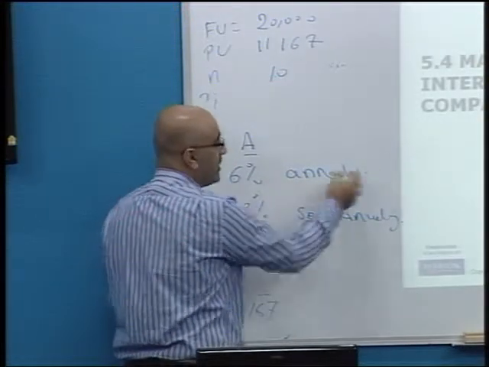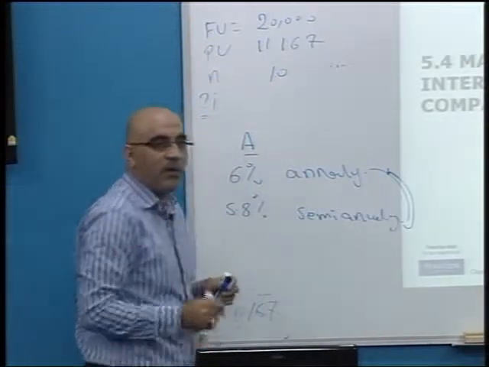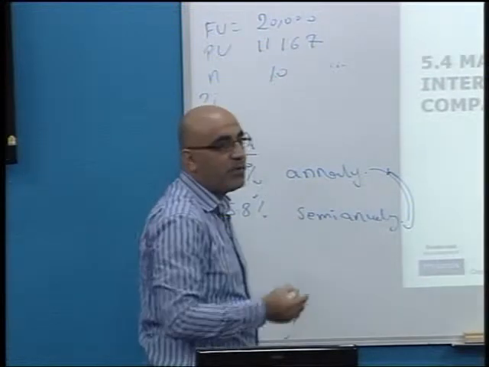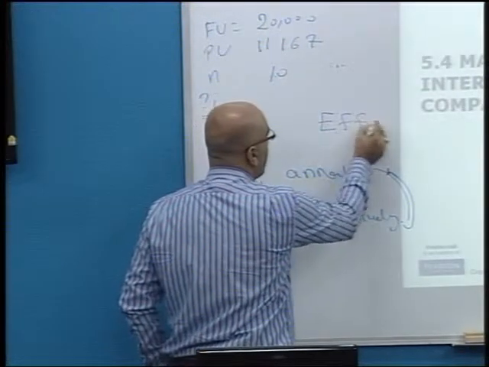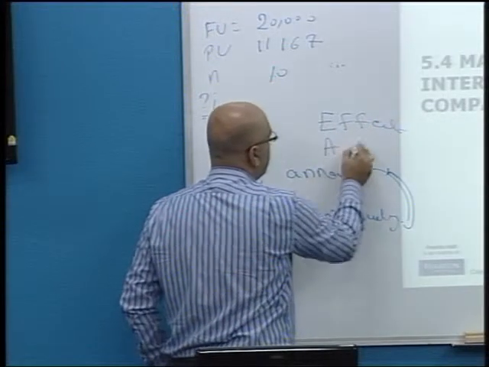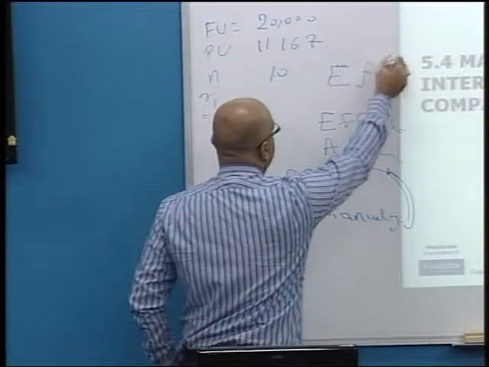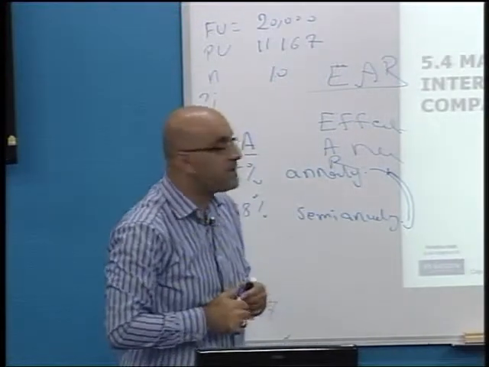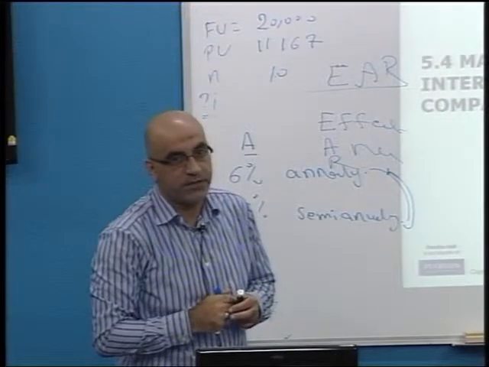So we do it either semi-annually or annually. When we do it annually, we call this the effective annual rate. So in order to make the rates comparable, we should calculate the effective annual rates.